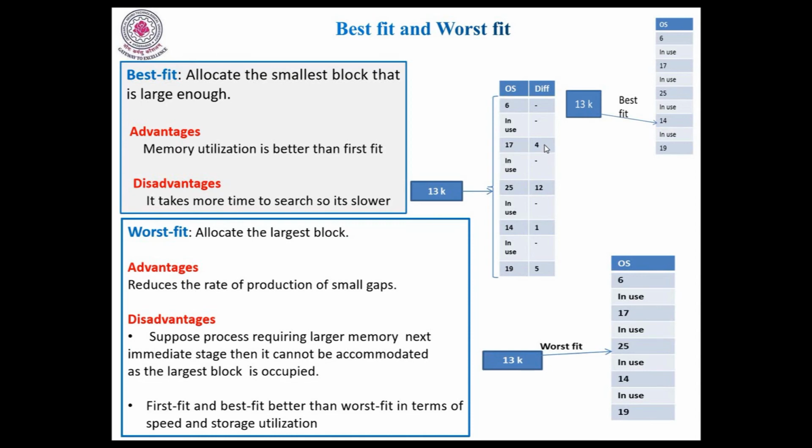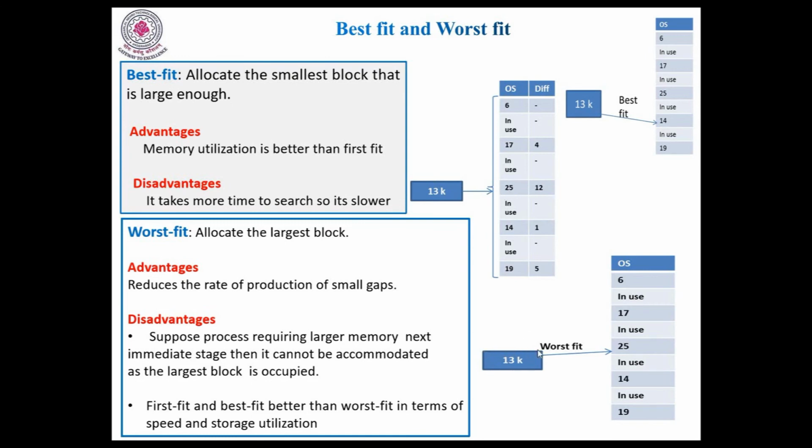First I need to find the differences between the available memory and my requirement. As per the definition, allocate the largest block. Allocate the largest block means, you see the differences, which is the largest one? The 12 is the largest one. So as per the worst fit algorithm, for my process, this is the right partition, the largest block.